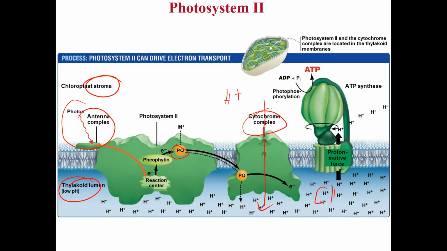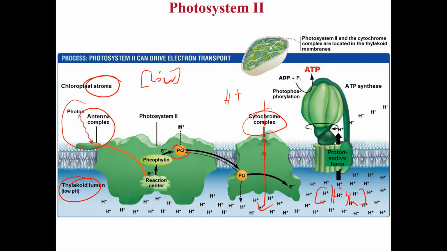So the concentration here is high, and here is low, for protons. That means the thylakoid lumen becomes more acidic, the stroma becomes more basic. So now you have a high concentration of protons in the lumen, low concentration outside in the stroma. So you have a concentration gradient, a form of potential energy.